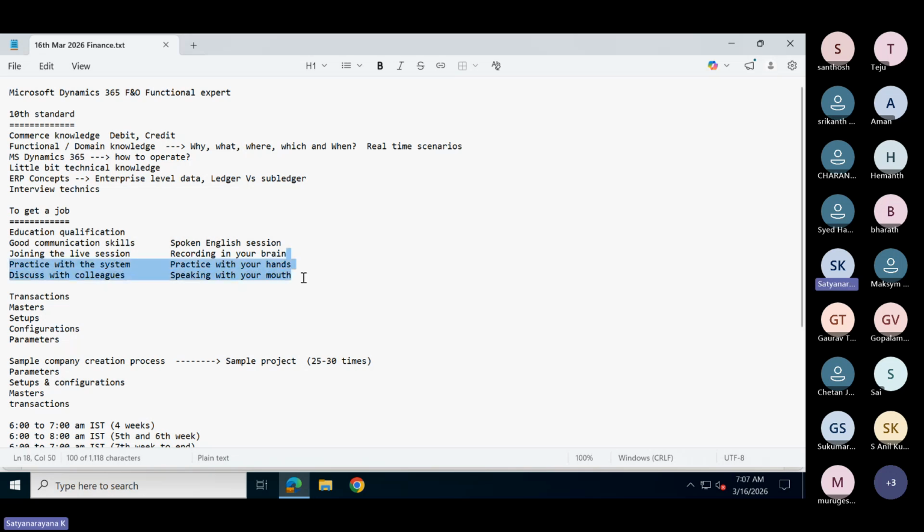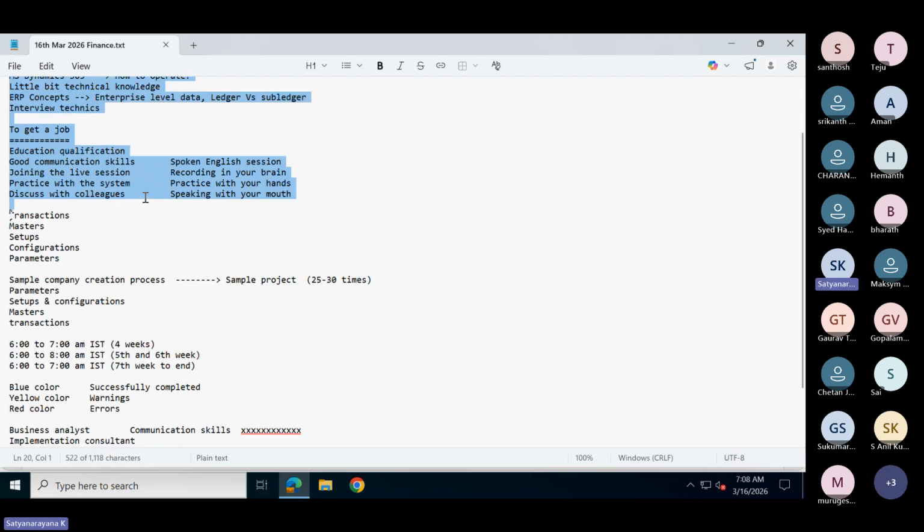All these skills together get you a job. Many people think that if they know how to operate, it is enough to get a job. This is the main problem. Only this skill is not enough; you have to have all these skills to get a job.